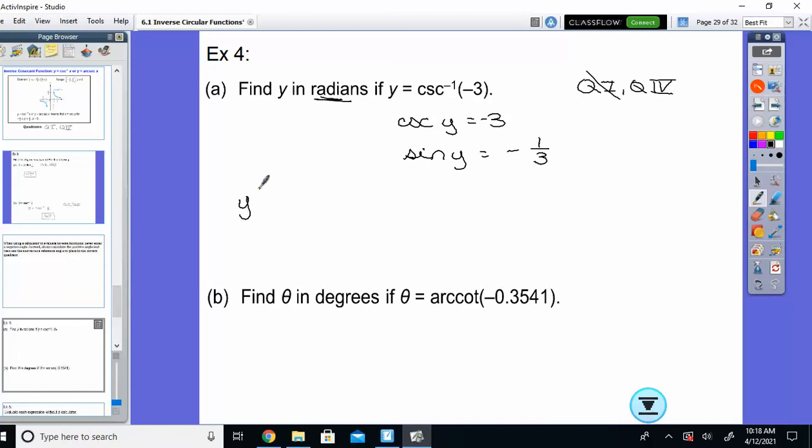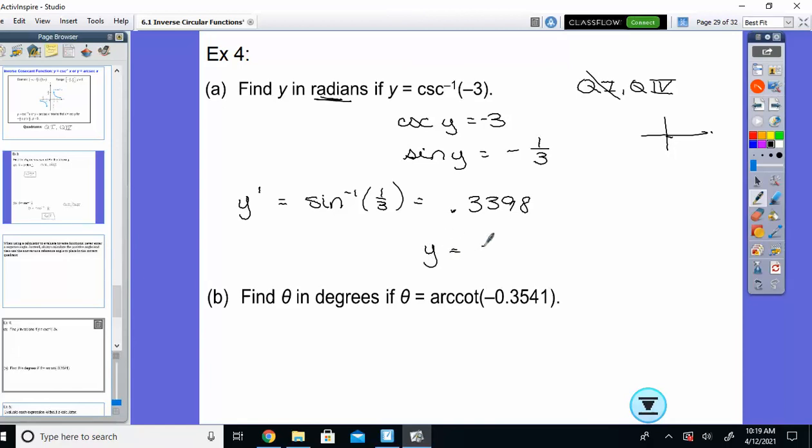We're going to use our calculator to get the reference angle. So what you're going to type in is sine inverse of a positive 1/3. Then, if I want to put that in quadrant 4, we're in radians, so 2 pi minus that. So 2 pi minus 0.3398.